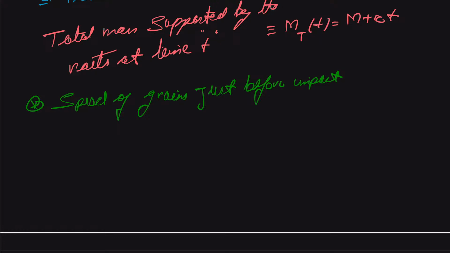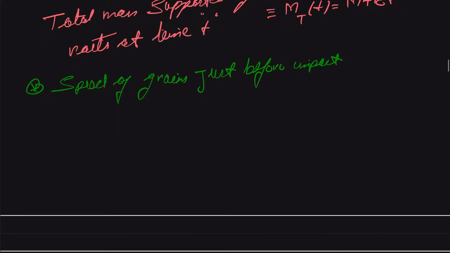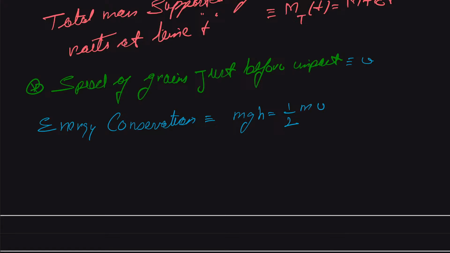So mgh will be equal to half mv square, where v is the velocity. The mass cancels out.